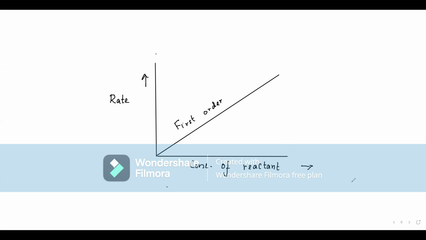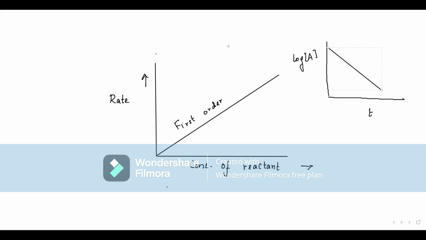Now, one more: suppose you are plotting log A against T, then you get a graph like this.